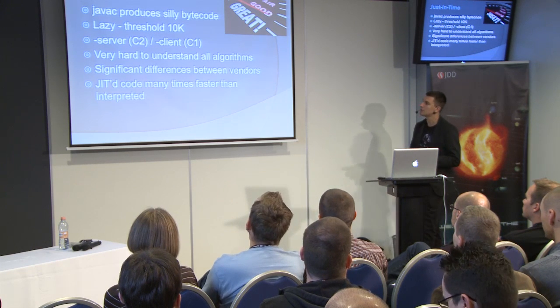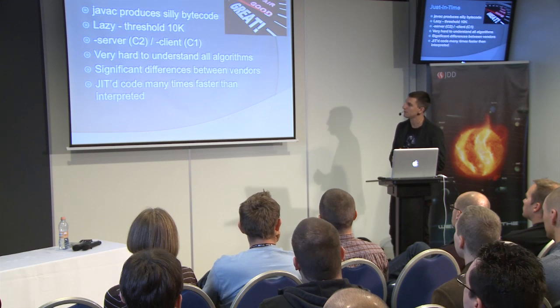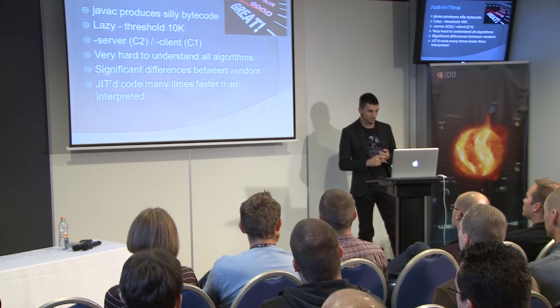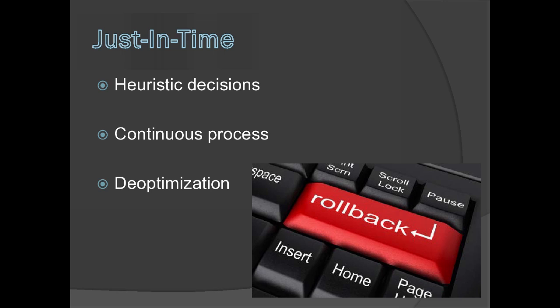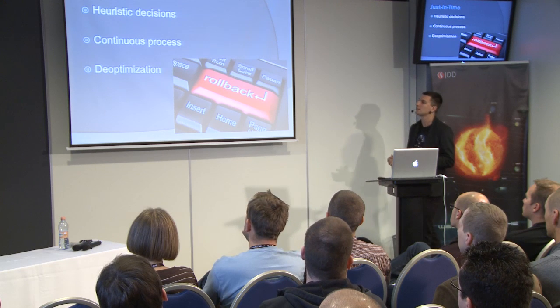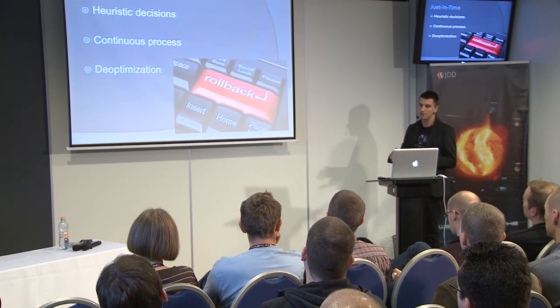JIT code runs many times faster than the interpreter. So it's efficient machine code. And another thing, JIT is taking almost only heuristic decisions, so it can go wrong. Or the circumstances of our application can change.